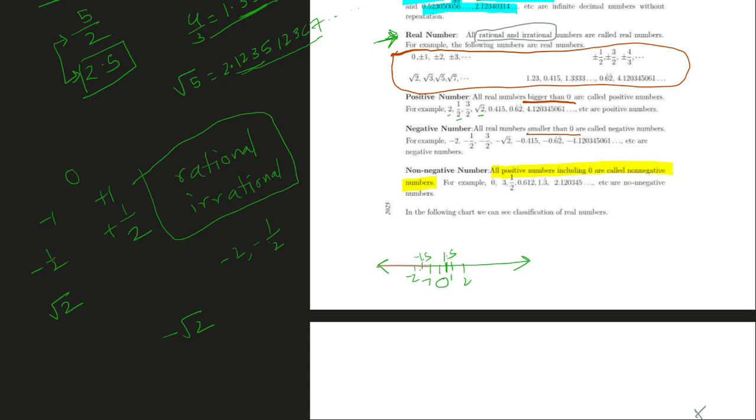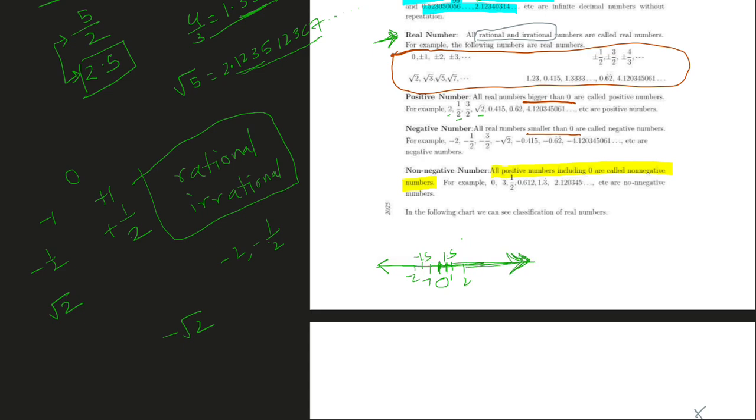So when we're doing it like this, all the positive numbers, these positive numbers, including zero.